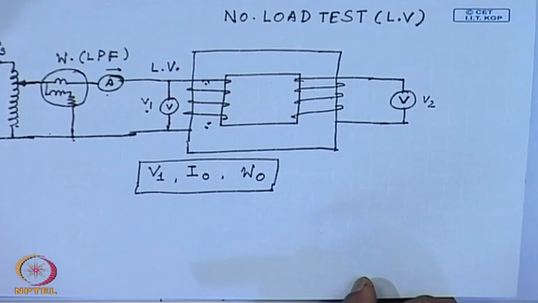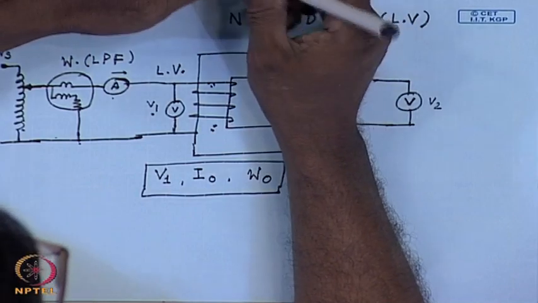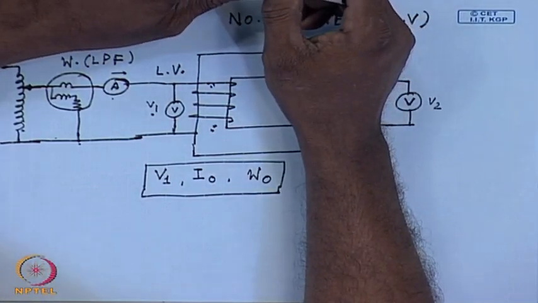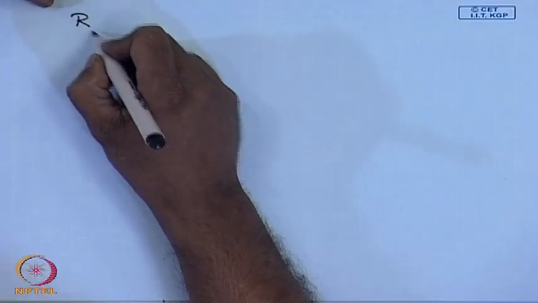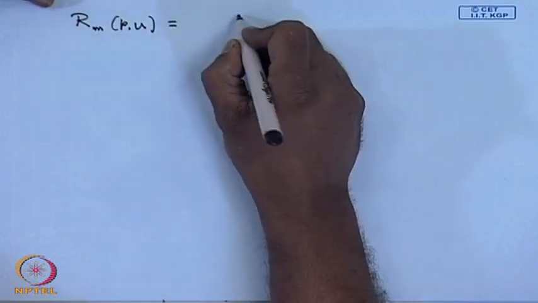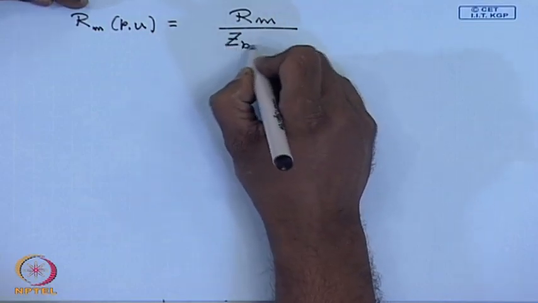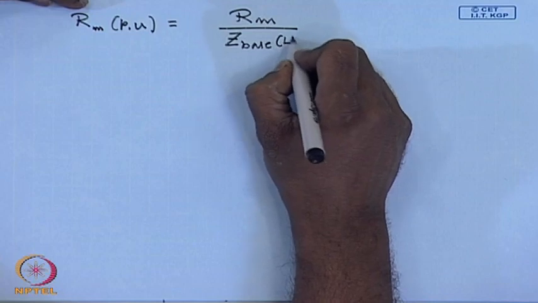Now, since the test is performed on the LV side, the Rm and Xm values that are obtained will be referred to the LV side. Now, if we want to convert them into per unit, then Rm per unit will be Rm divided by Z base of the LV side.